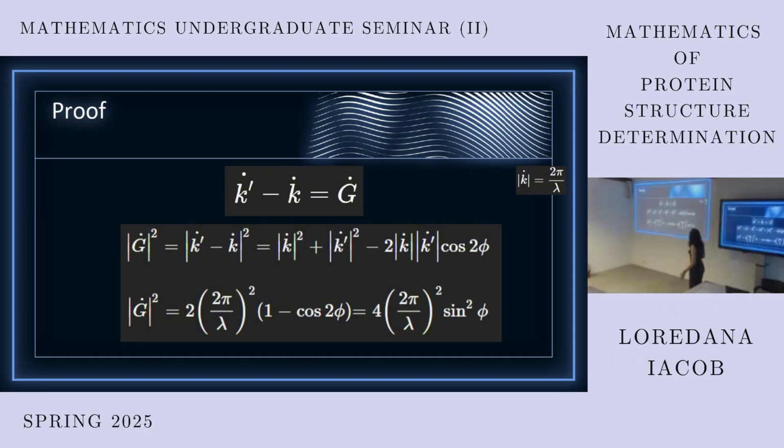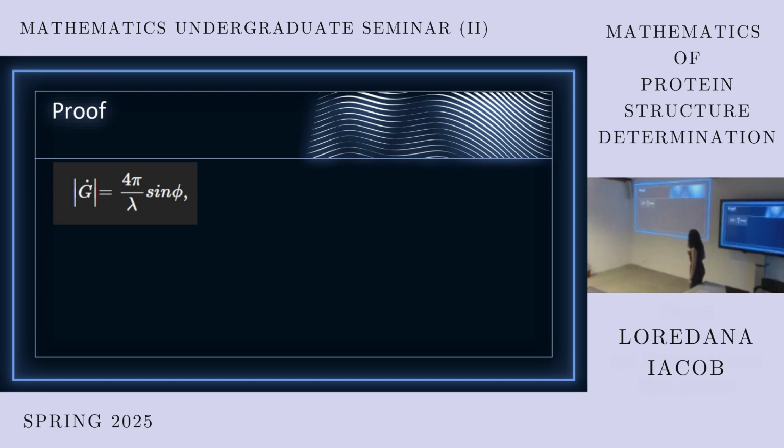And after we calculate this, we replace the norm of the vector, we get this beautiful formula. And we can take the square root of this and get 4 pi over lambda times sine of theta. But in the definition of this lattice vector, the norm is this one, 4 pi times an integer over the distance between two planes.